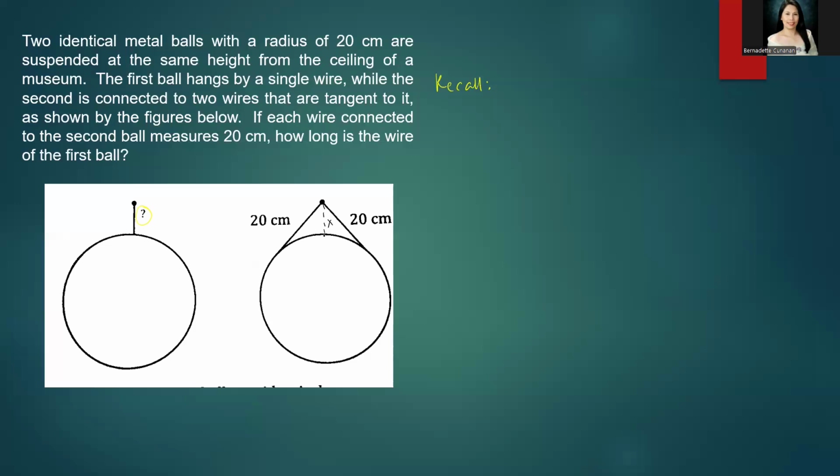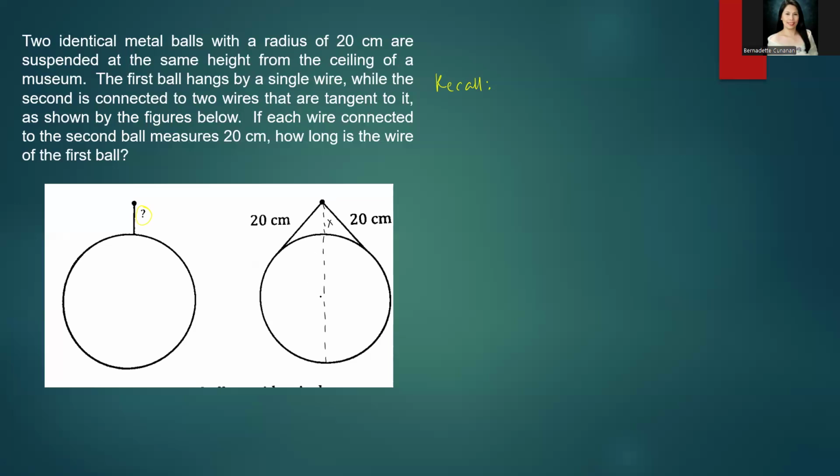Now, if we continue, draw a line passing through the center of the circle. So we are able to create a diameter here, which is also considered a secant, which extended until this point that intersects either of these tangent segments.